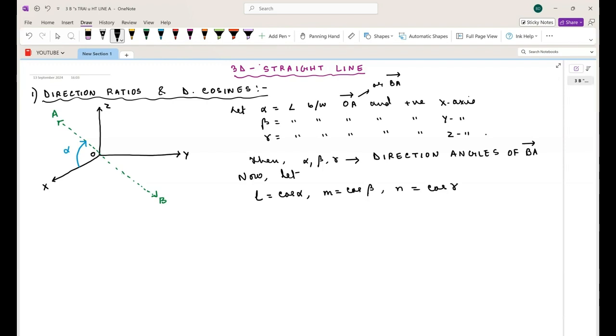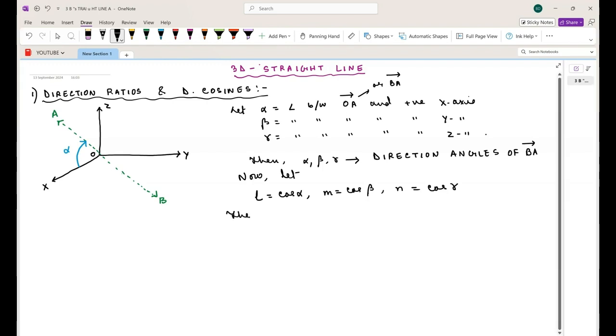But since it is 3D and there are three axes, we cannot use the slope. So the idea of slope has been replaced by direction ratios and direction cosines. There was only one angle of inclination theta because the other was 180 minus theta. But here we cannot do that. So we need three different angles, alpha, beta, gamma. And the cos of these angles, L, M, N, are called direction cosines.